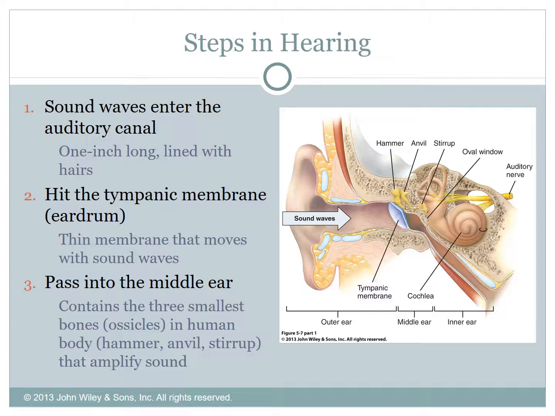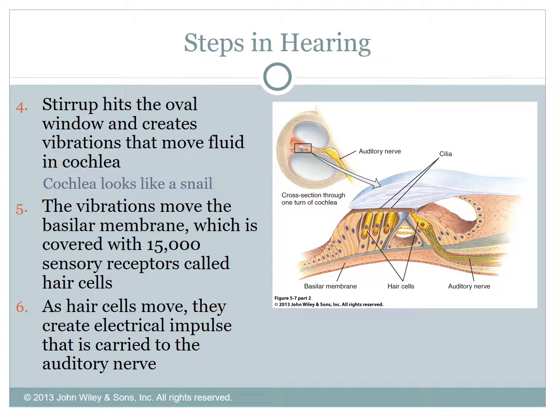Now this hammer, anvil, and stirrup vibrate this area right here, the cochlea, this spiraled snail-like structure inside your ear. The stirrup hits the oval window, which is part of the cochlea, and causes the fluid inside the cochlea to vibrate and move. It moves back and forth.